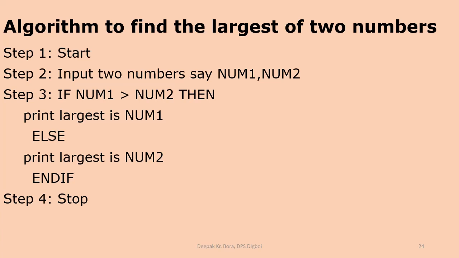If num1 greater than num2 is false, then it will jump to the statement after else, that is print largest is num2 will be printed, and once printed, it will come out of this if statement and jump to the statement after the end if, that is step 4, stop. I hope you have understood this.